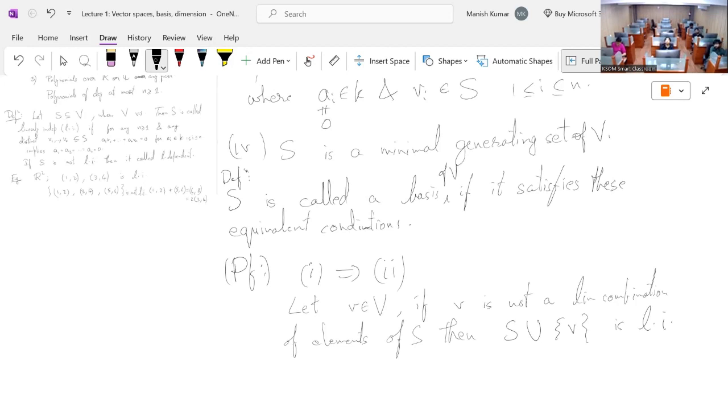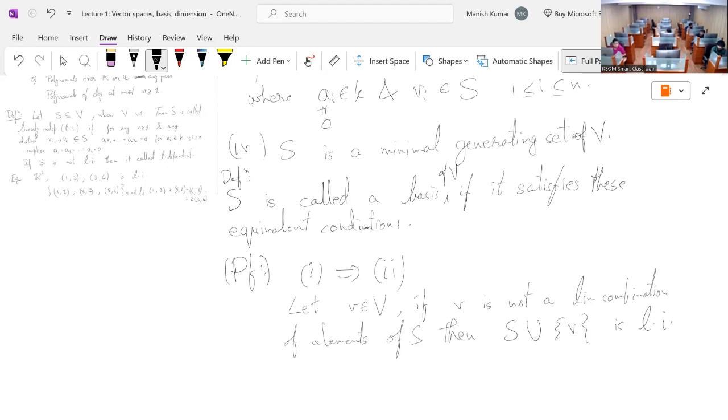Maybe this will follow from one of the homework problems. If you can't write v as a linear combination of S, then S union v will again be linearly independent, because if you have a linear dependence relation, the coefficient of v must be non-zero, because if that is zero, then S will become linearly dependent, but we are assuming S is linearly independent. And once the coefficient of v is non-zero, you can move v to the other side and divide by the non-zero coefficient, because you're in a field.